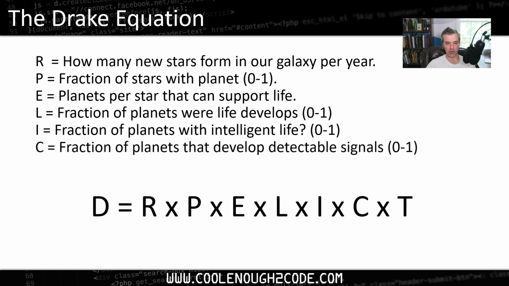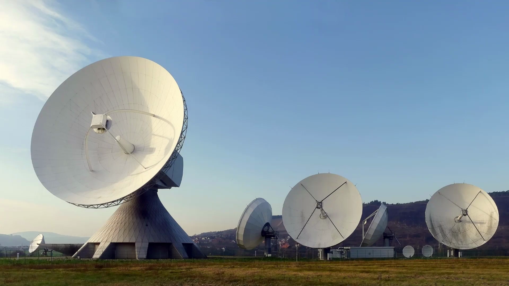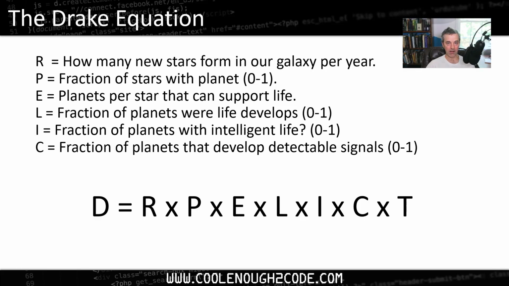And the next value is C, and this is the fraction of planets that will develop a detectable signal. So in the event that a planet does develop intelligent life, that intelligent life develops the technology they need to broadcast a signal into space that could be detected by us on Earth. Now, currently, we know of only one civilization that does this, and that's our own.